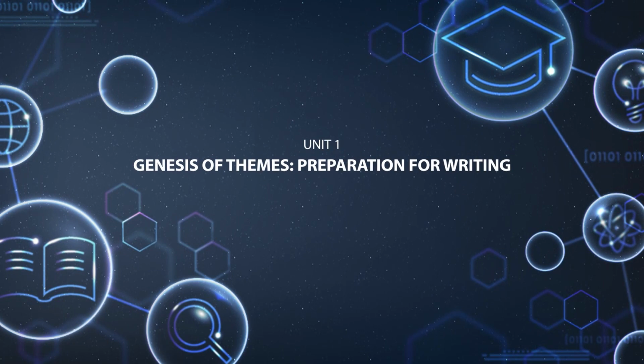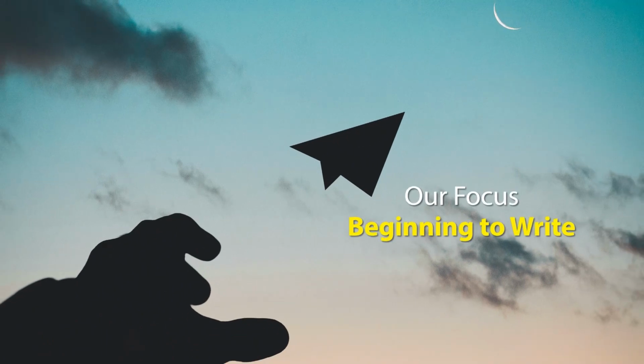We discussed the genesis of themes in the earlier video, and now we will move on and spend more time with the idea of preparation for writing. Our focus in the earlier section was how to begin to write, and we looked at really sorting out your emotions, your feelings, your impulses, what leads you to write.